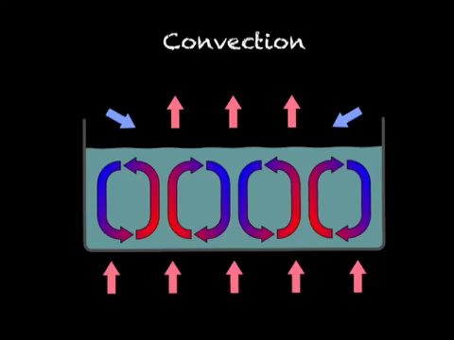The heat is being transferred from the stove to the pot due to conduction. But then if we have water in that pot, at the bottom of the pot, heat is transferred from the pot to the water through conduction. But as the water at the bottom of the pot gets hot, it gets less dense.